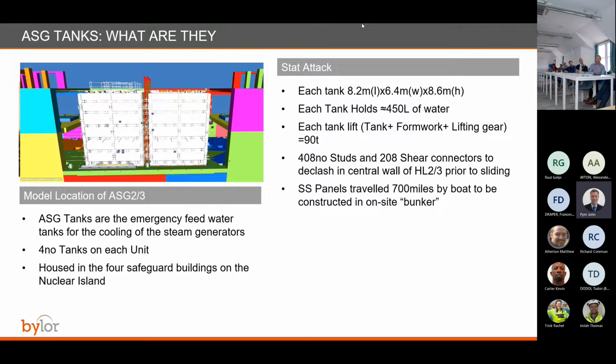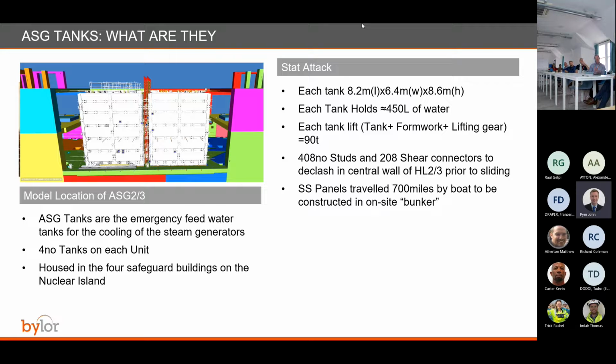There are 4 tanks in each nuclear island, which are located in the safeguard building, HL1, HL2, 3, and 4. Some numbers about the tanks, dimensions, they're 8.2 by 6.4 by 8.6 meters, which gives it 450 meter cube volume, which is the equivalent of 450,000 liters of water.